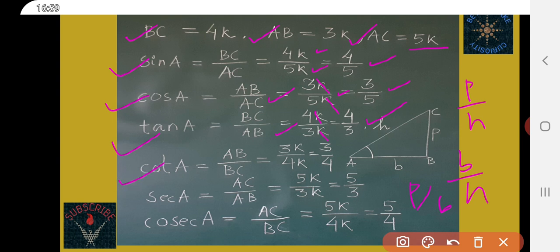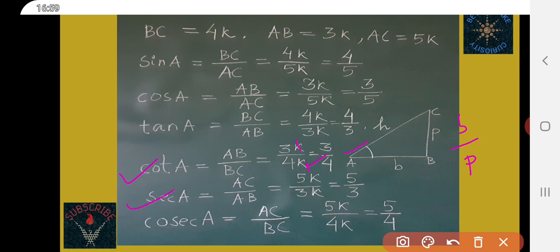Cot A, AB by BC, you know cot is B by P. So AB by BC is equal to 3K by 4K, and K cancel, then 3 by 4.